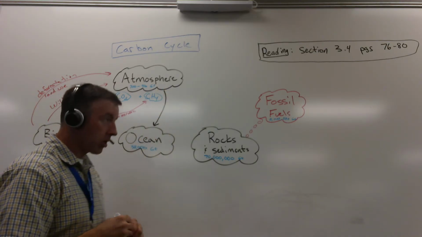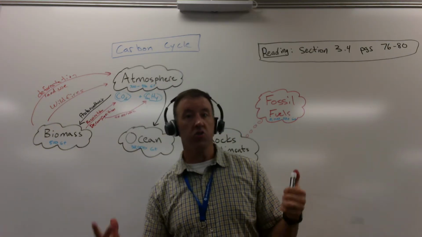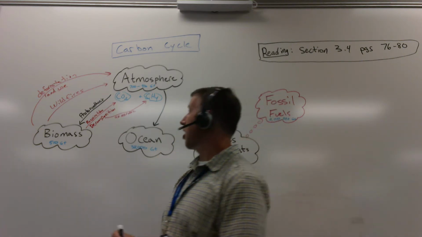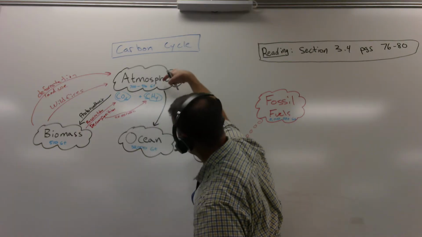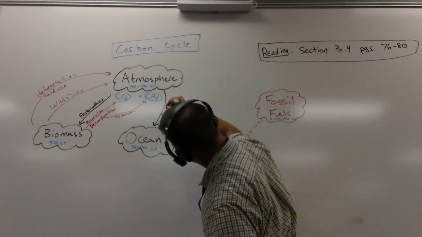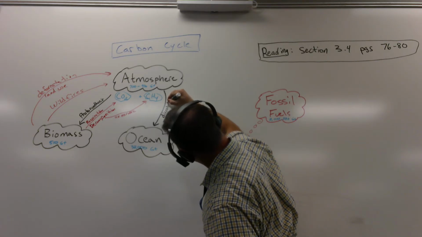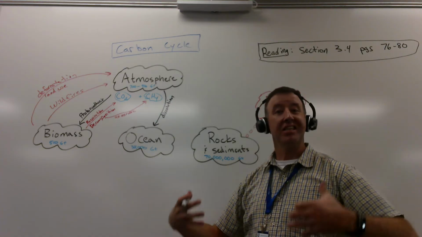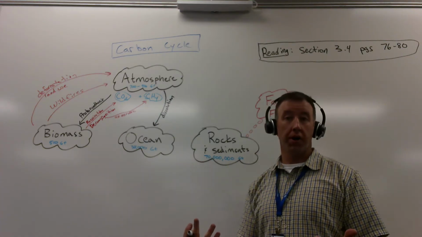Carbon dioxide is a gas, and water is really good at dissolving things, so it can actually dissolve carbon dioxide. We're going to call this process from the atmosphere to the ocean dissolution, where the carbon dioxide actually dissolves into the seawater.